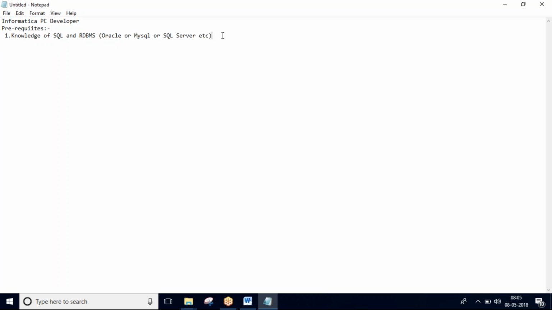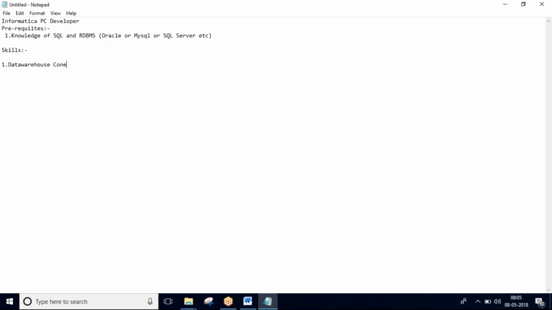The skills that we are going to learn as part of this training: we'll not go through the SQL side completely, but we'll get started with data warehousing concepts.